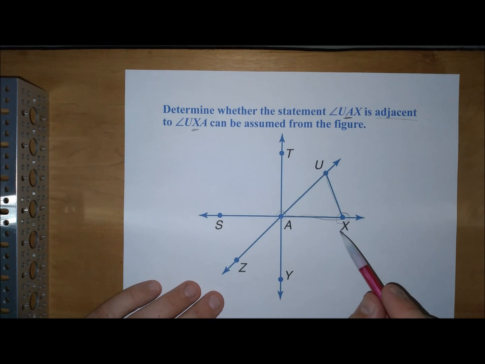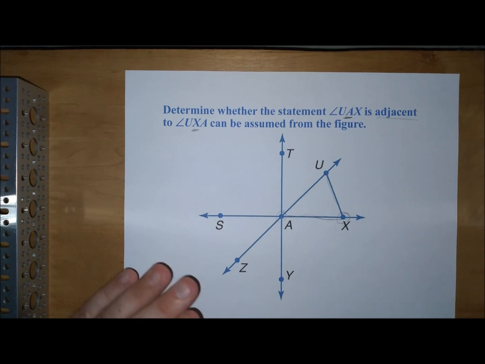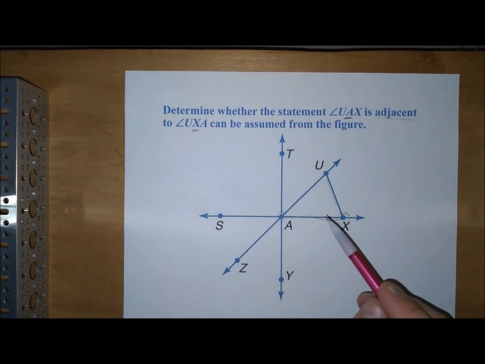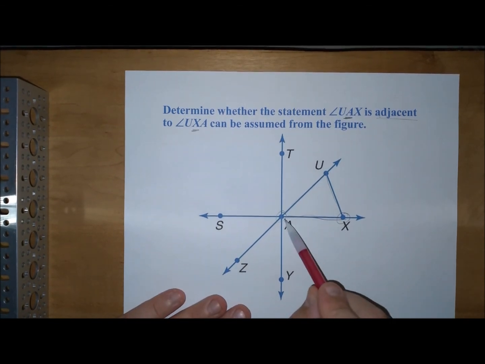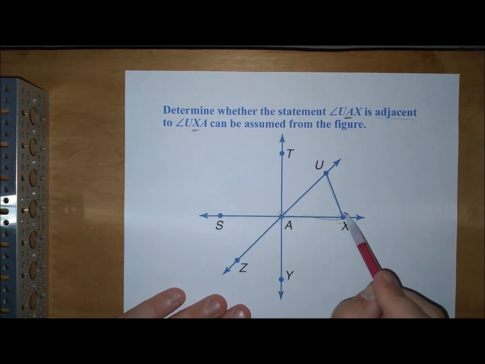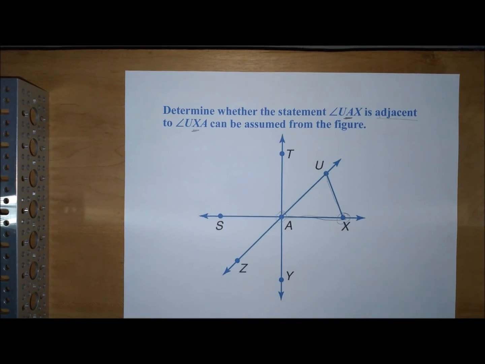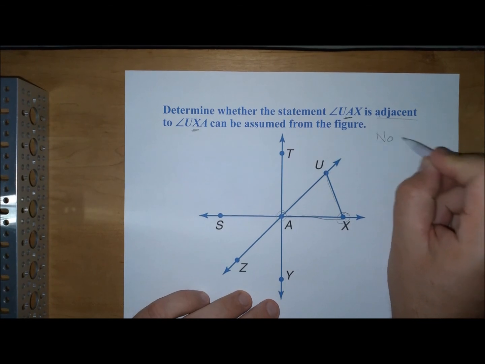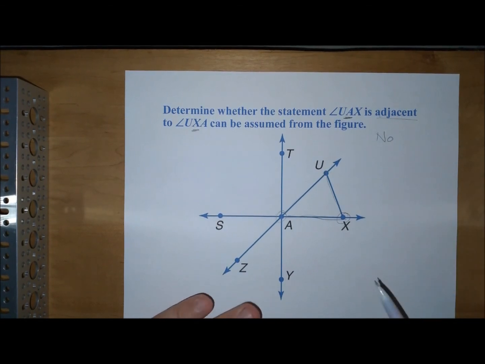They can't be next to each other. Even if they meet all the other conditions, they can't be if they don't share a common vertex. They've got to share a common vertex and a common side and have no interior points in common. So I'm going to say no. We cannot assume that. In fact, we can state certainly that they are not adjacent angles.